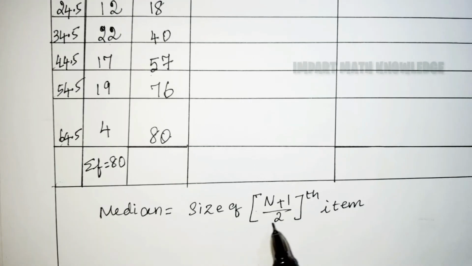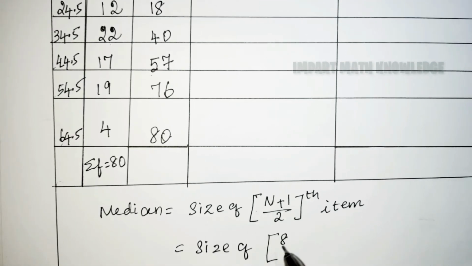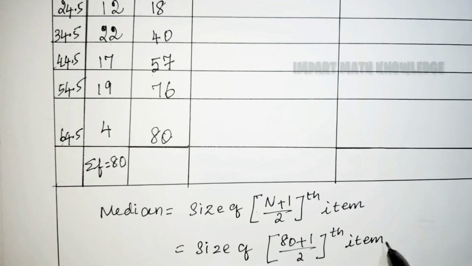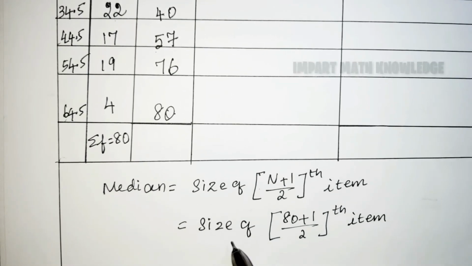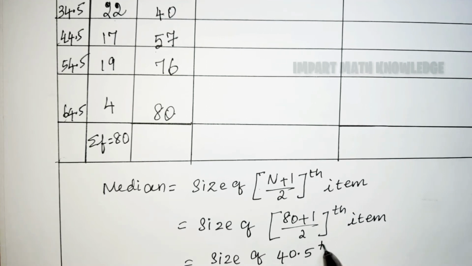Median is equal to size of (n plus 1) by 2th item. Here n is equal to 80, that is size of (80 plus 1) by 2th item, that is size of 40.5th item.